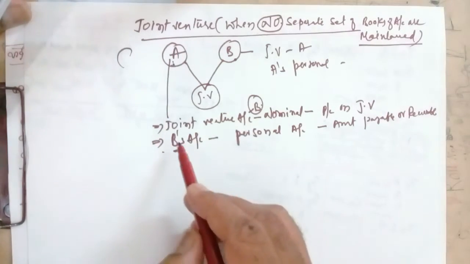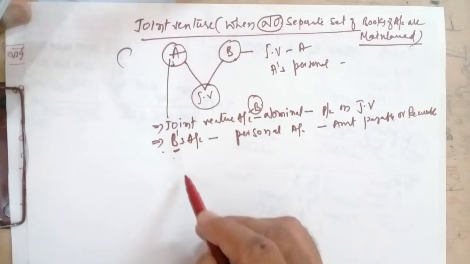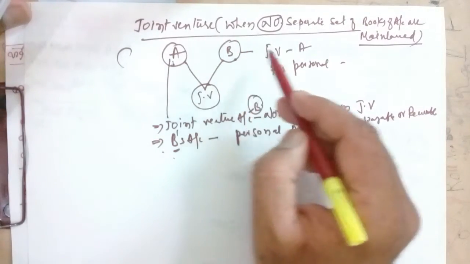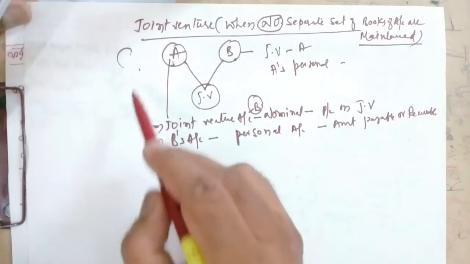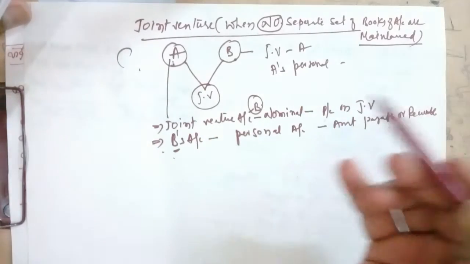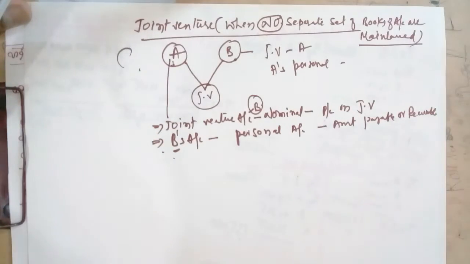Then A will maintain the joint venture with B and C, with B's personal and C's personal accounts. B maintains the joint venture with A and C, with A's account and C's account. C maintains the joint venture with A and B, with A's account and B's account. So if the number of co-venturers increases, the accounts are maintained in the same way.